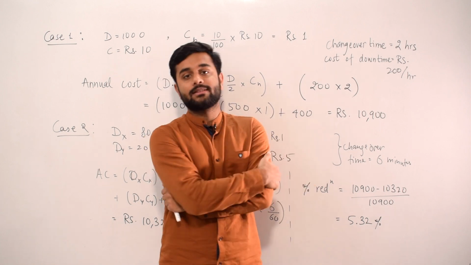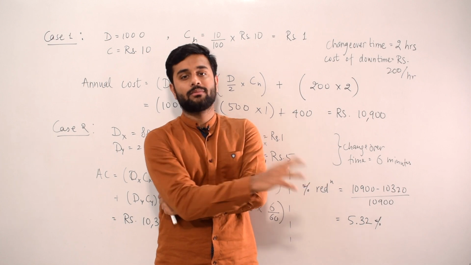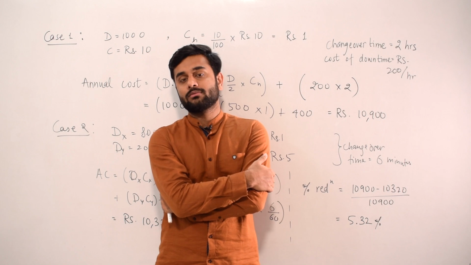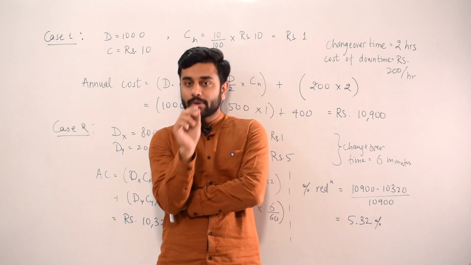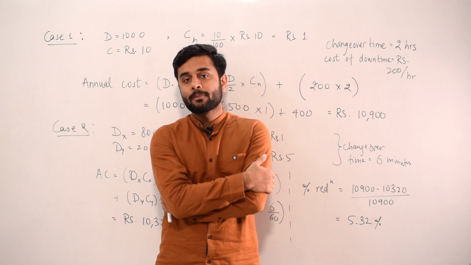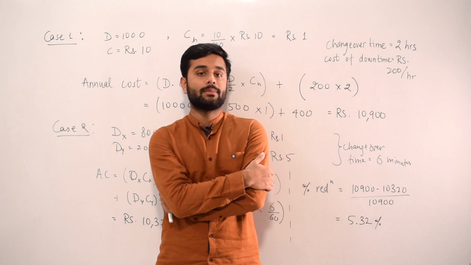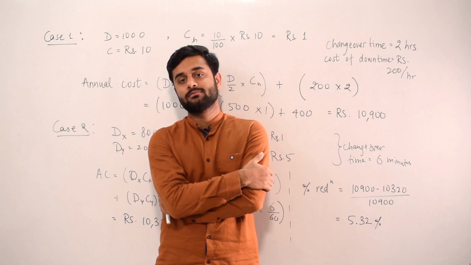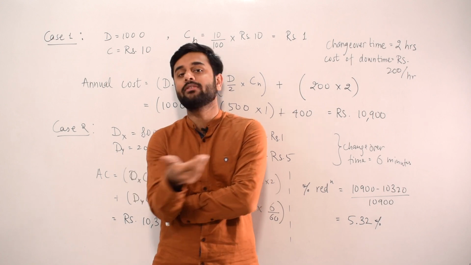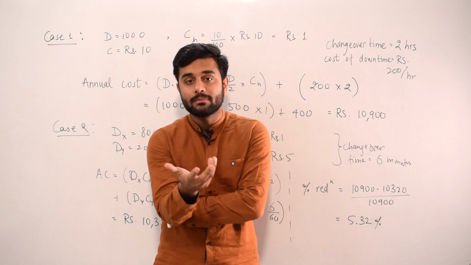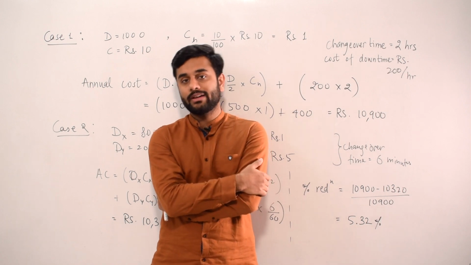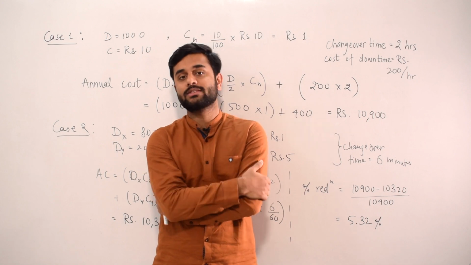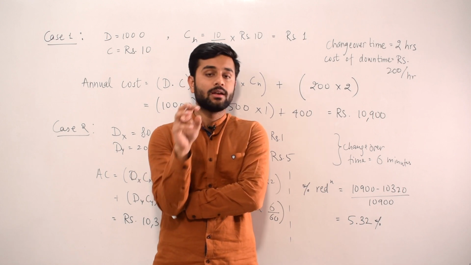The answer will become 8 point something if we consider the EOQ. I am not explaining that approach because, point number 1, the question has not mentioned economic, minimum, EOQ or optimum anywhere. So we are not going into the EOQ approach, which will be covered in the course.